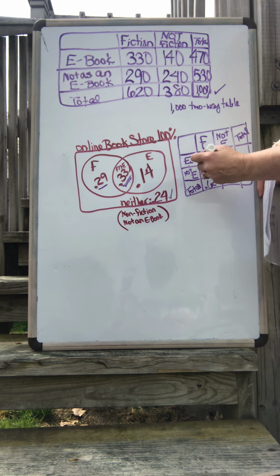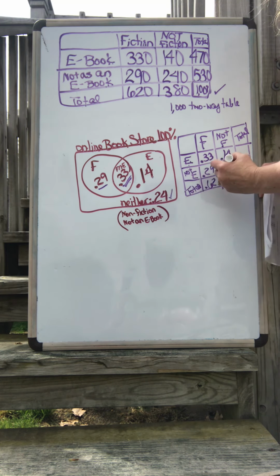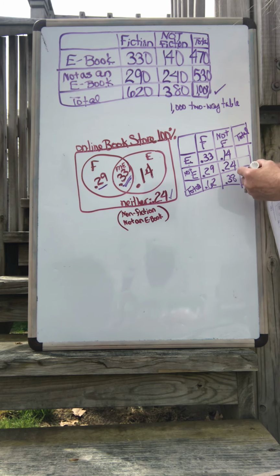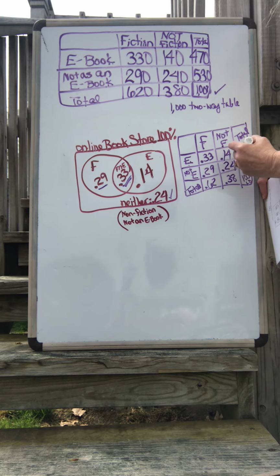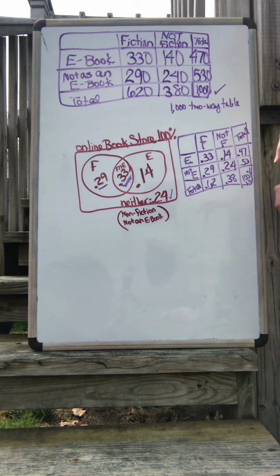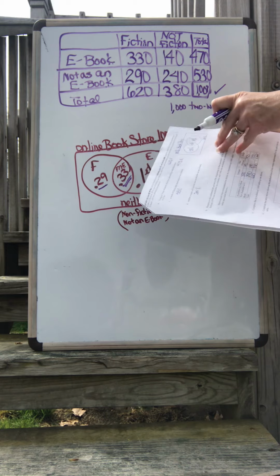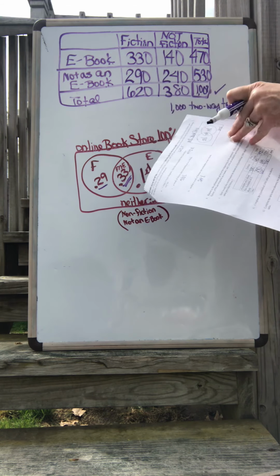If I was not fiction, not an ebook, that was my overall 24, and that was my 38%. 62% and 38% is 100%, or 1.0. 33% and 14%, this is my 47%. 29% and 24% is my 53%. 47%, 53%, 100%.